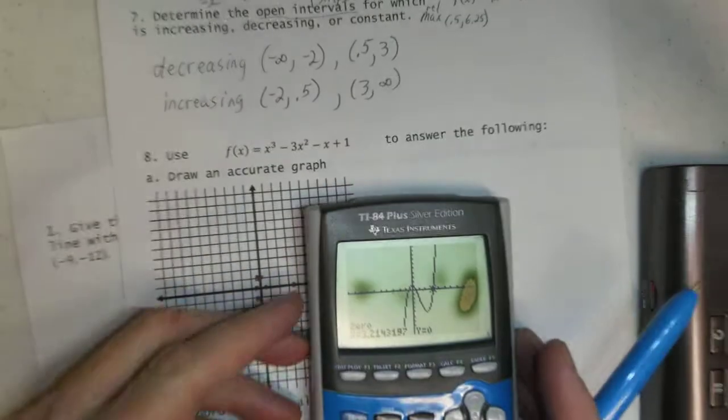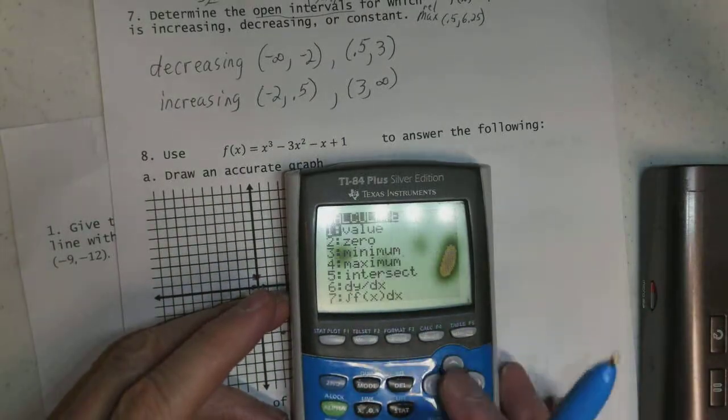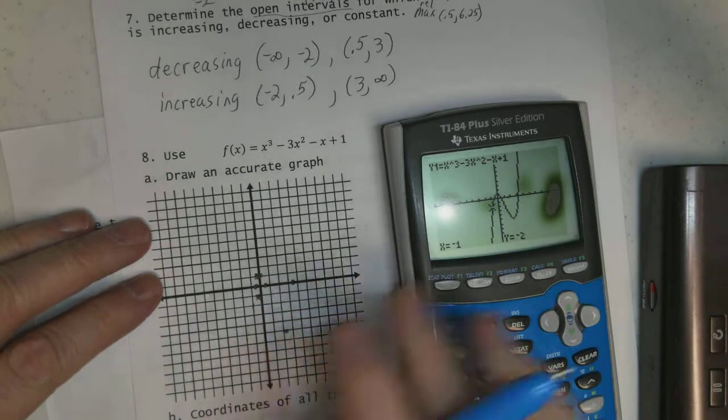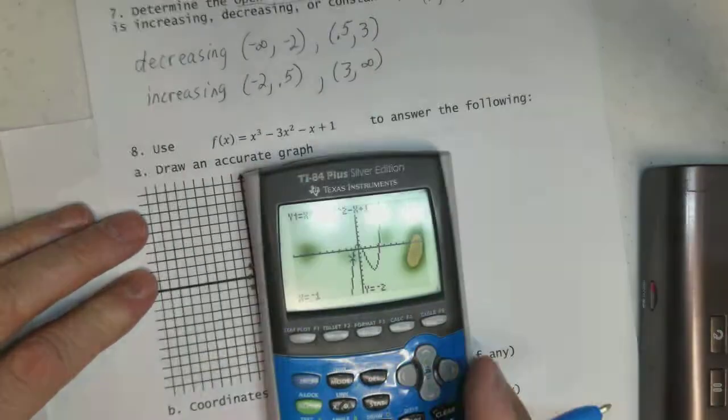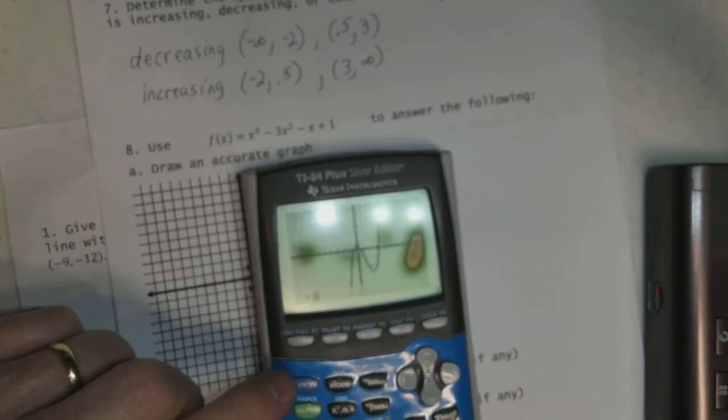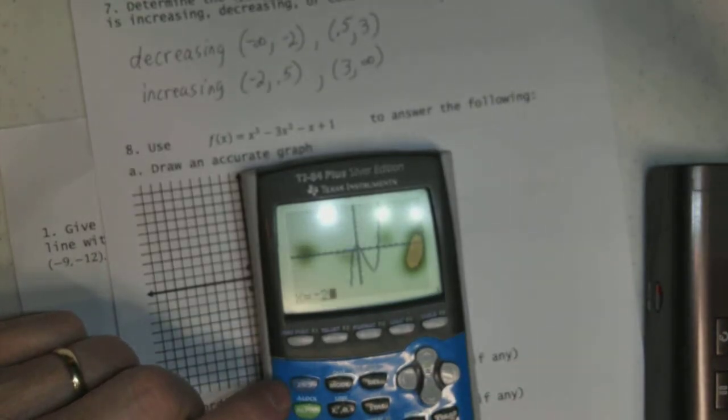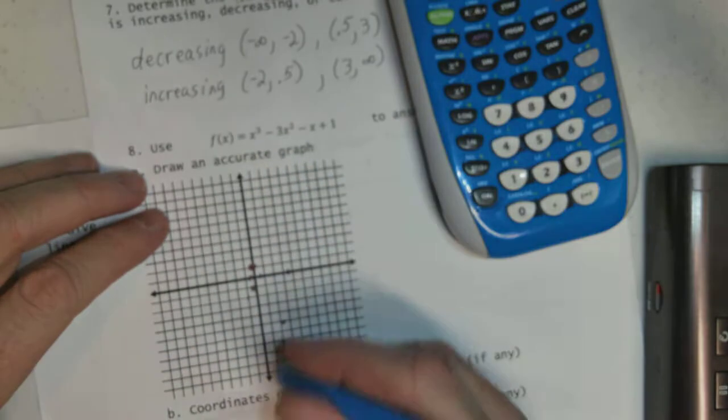You can use this. Watch this. Second calc value, x equals negative 1. It's negative 1, negative 2. So I know that. So I'm going to wonder what it is at negative 2. Second calc value, negative 2. Enter. Negative 17. Way down there.